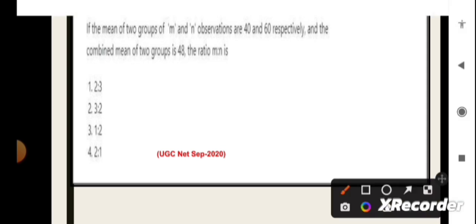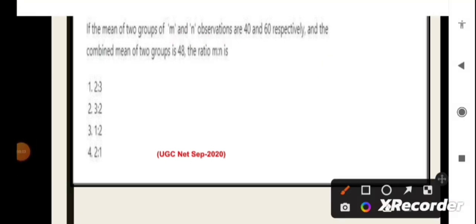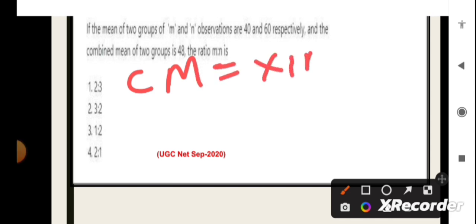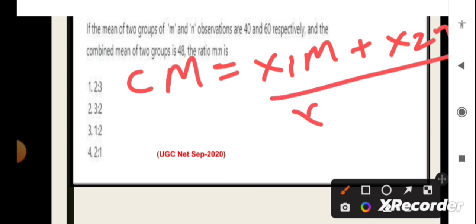Now let's solve this question to get a better understanding of this. So here the question says, if the means of two groups of m and n observations are 40 and 60 respectively and the combined mean of the two groups is 48, then what is the ratio of m to n? For solving this, we will use the formula of combined mean, that is combined mean is equal to x1m plus x2n divided by m plus n.